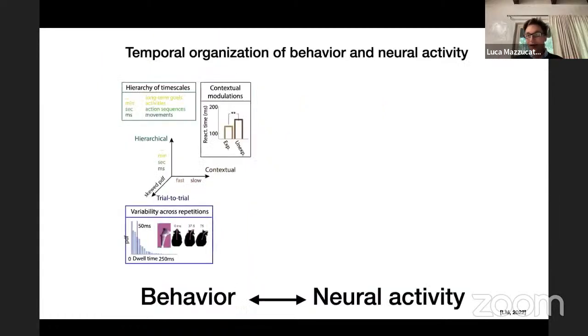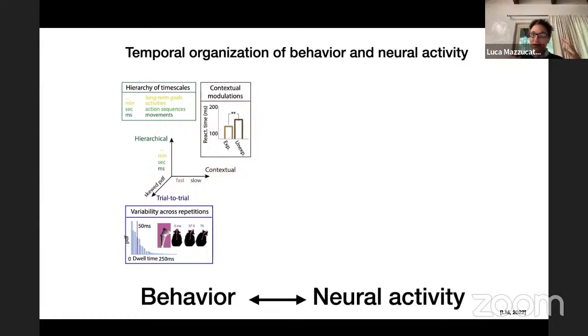The kind of work that we do in the lab is about studying temporal dynamics and temporal organization of behavior and neural activity. So we look at this relationship between behavior and neural activity in both incoming sensory input that drives activity in sensory cortex, and also outgoing motor activity that generates behavior.